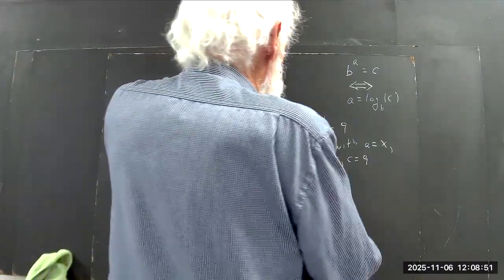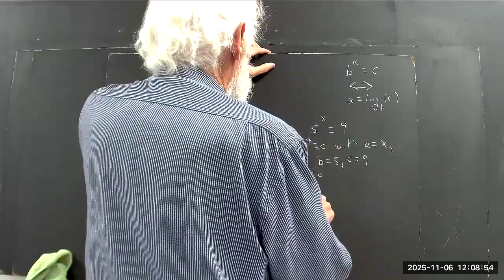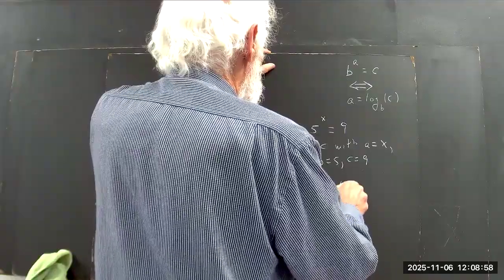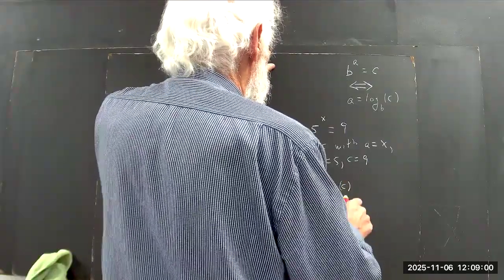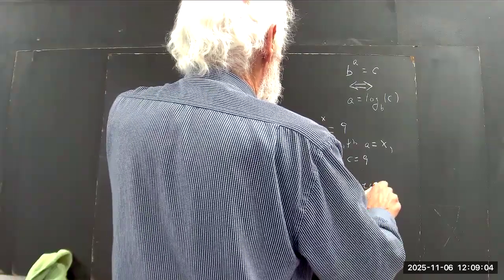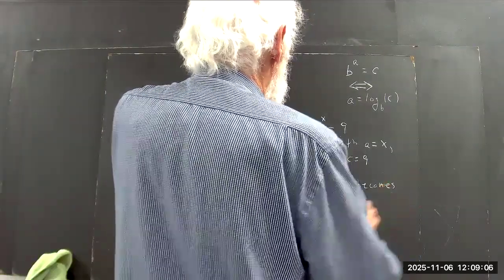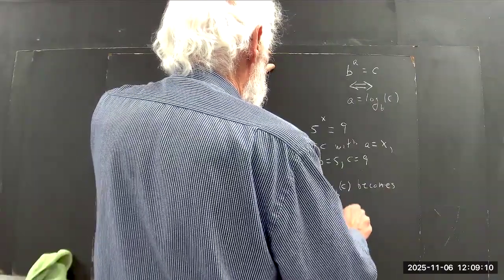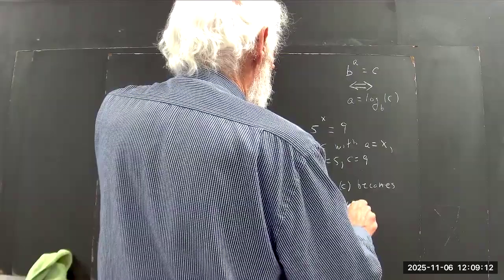Okay, good. So anyhow, A equals log base B of C. Becomes X equals log base 5 of 9.